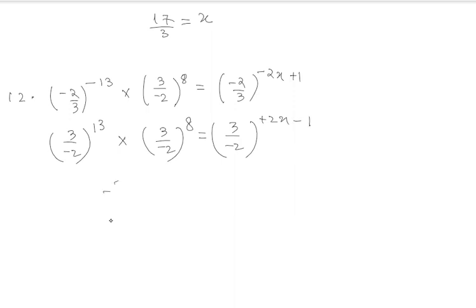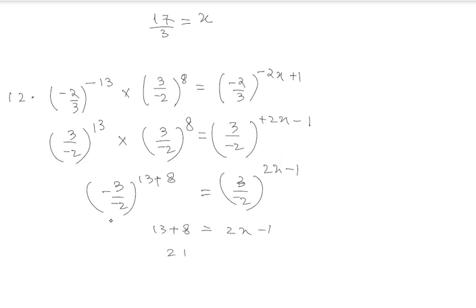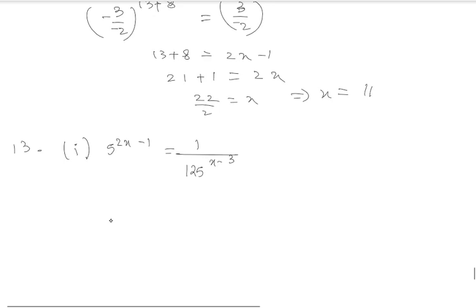So 3 by minus 2 to the power of 13 plus 8 is equal to 3 by minus 2 to the power of 2x minus 1. So 13 plus 8 is equal to 2x minus 1. 21 plus 1 is equal to 2x. 22 by 2 is equal to x, implies that x is equal to 11. So value of x is 11, so this equation is valid.